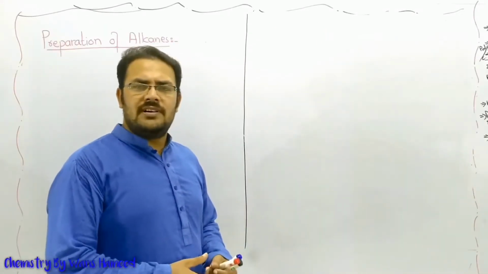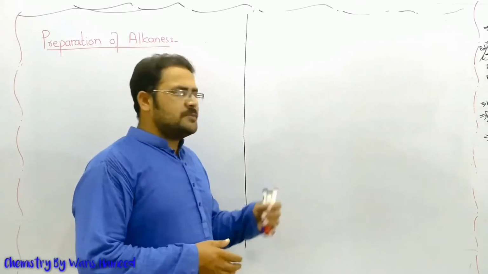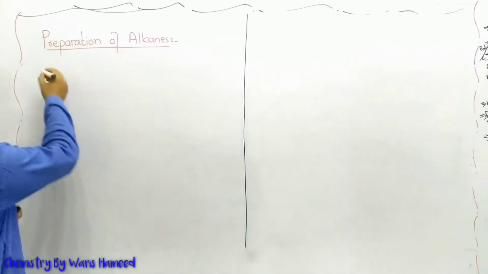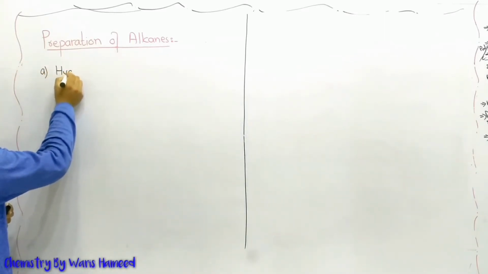Students, now moving towards the methods that we mostly use for the preparation of alkane. First method is hydrogenation. What is hydrogenation?